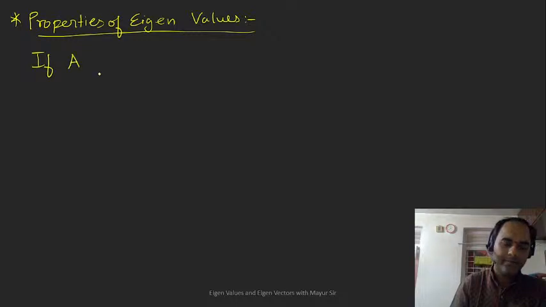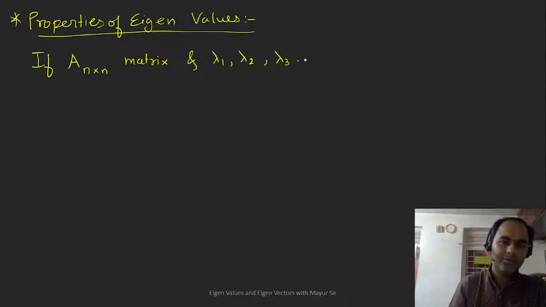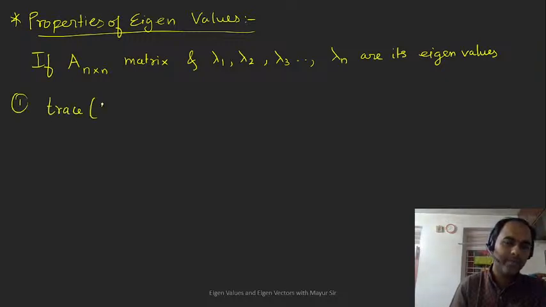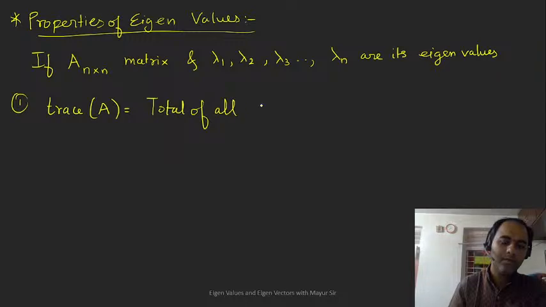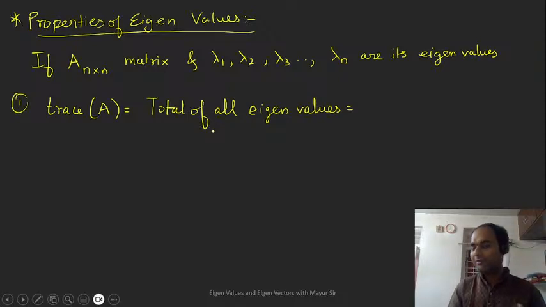If A is an n cross n matrix and lambda 1, lambda 2, lambda 3, and so on up to lambda n are its eigenvalues, then the two most important properties are that the trace of A is the total of all eigenvalues of A, to be more specific.